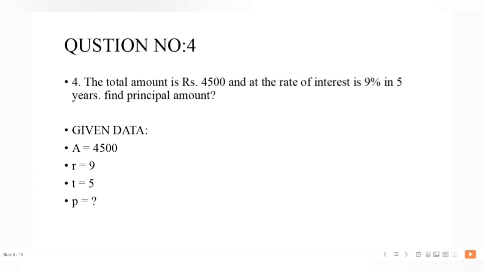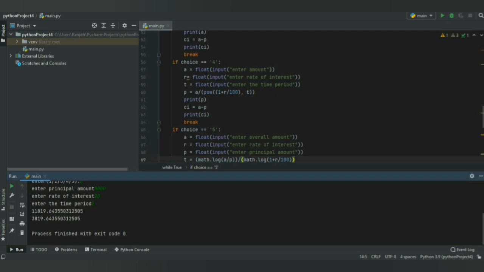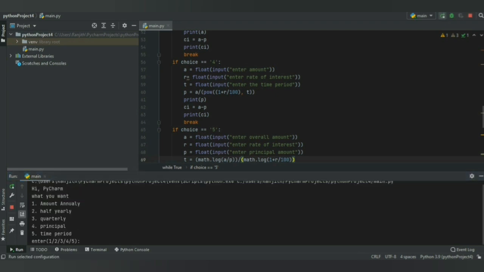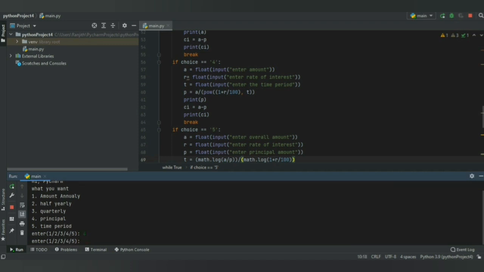Our next question: the total amount is 4,500 and the rate of interest is 9% in 5 years. Find the principal amount. I think this is annually. So run again. Now we want the fourth one. Just click 4, don't give any spaces for input.